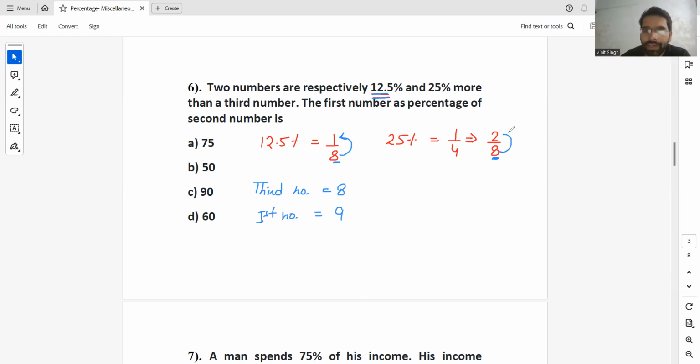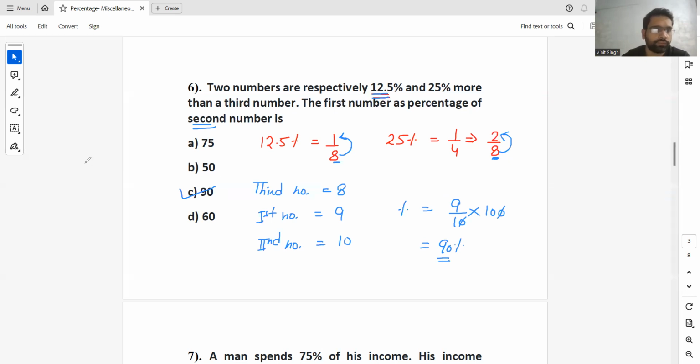The second number will be 8 plus 2, 10. We have to find the first number as a percentage of the second number. If there is an examination and you get 9 marks out of 10, it will be 90%. So the first number will be 90% of the second number.